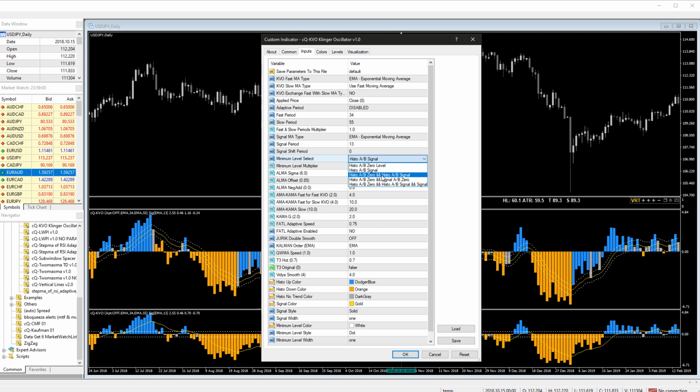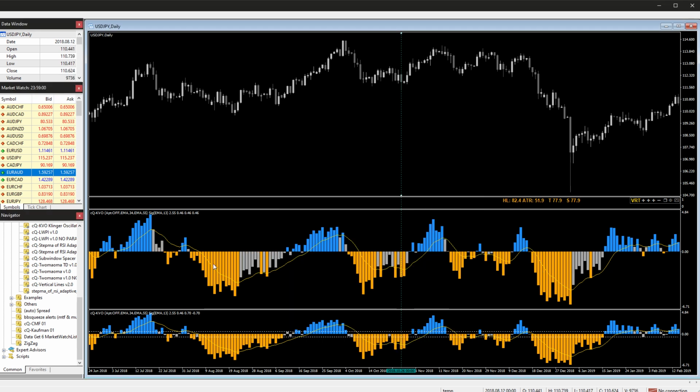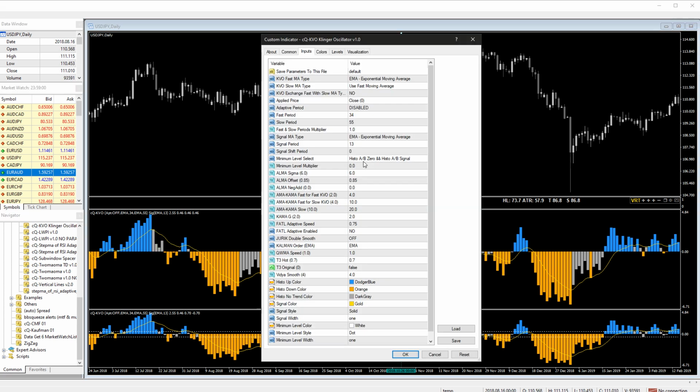And then we have these other three modes down here, which are the histogram above or below the 0 level and the histogram above or below the signal line. Again, if you have this minimum level, like for example, if I just set it to 0, you can see that, again, the histogram is above or below 0.